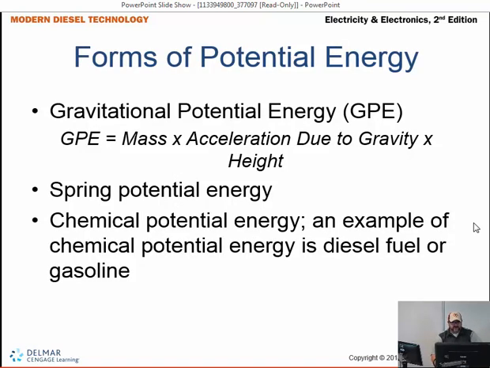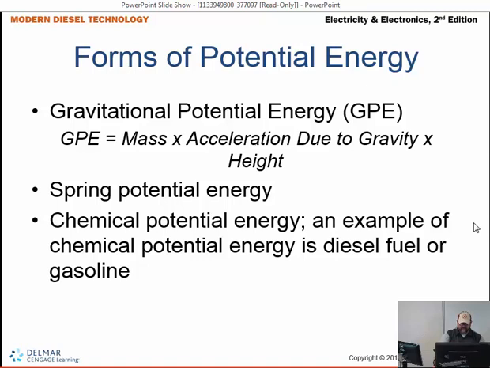So, all right, forms of potential energy: gravitational potential energy. We talked about this a little bit before, the gravity of that water when it's dammed. The gravitational potential energy, GPE, equals mass times acceleration due to gravity times height. So the mass of whatever it is, the acceleration due to the force of gravity pushing down on that, times the height of that object.